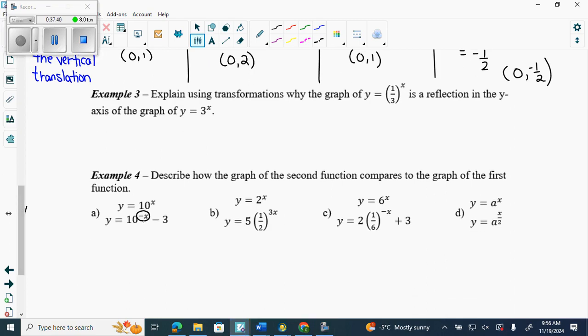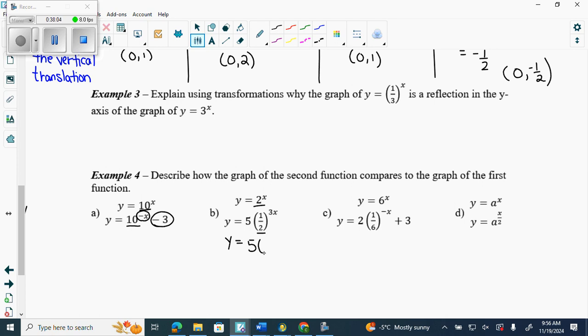This is a reflection in the y-axis, and this is a vertical translation 3 down, and we can compare them because they both were base 10. We agree? Okay, this one is a base 2, this one is a base not 2. So we have to make it a base 2. How do we make it a base 2?